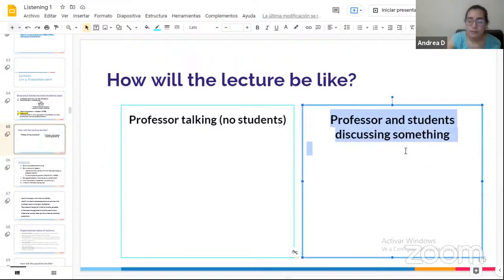And sometimes you have a more dynamic class where the professor and the students are discussing something. And in that case, just pay attention to who says what, because sometimes there's a confusion and you don't know whether that's something that the professor said or the student said.